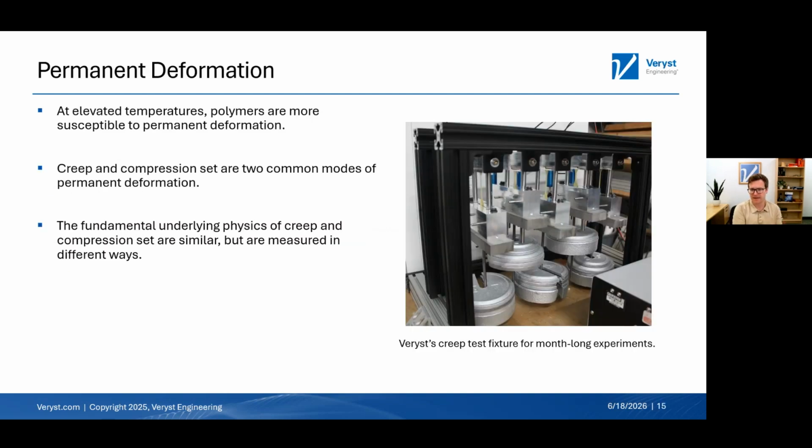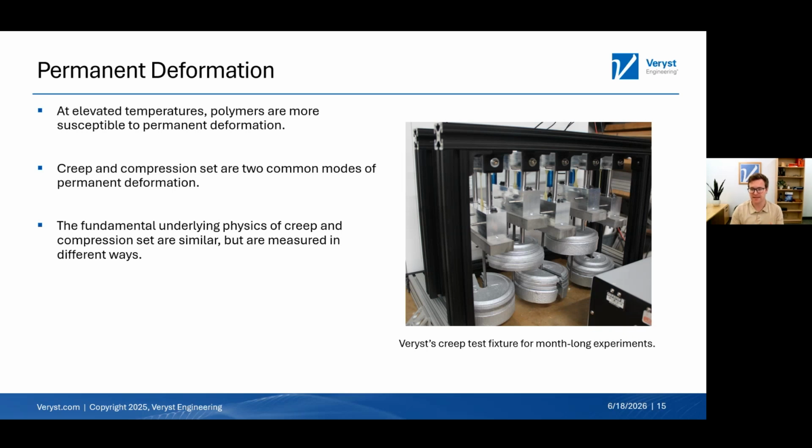And then I want to talk about permanent deformation. This is, I think, something that is extremely common with various families of polymer materials, and should be considered for essentially any polymer material, because they're so much more likely to behave non-elastically versus other engineering materials like metals and ceramics. And so the two flavors of permanent deformation that we're going to talk about today are creep and compression set.